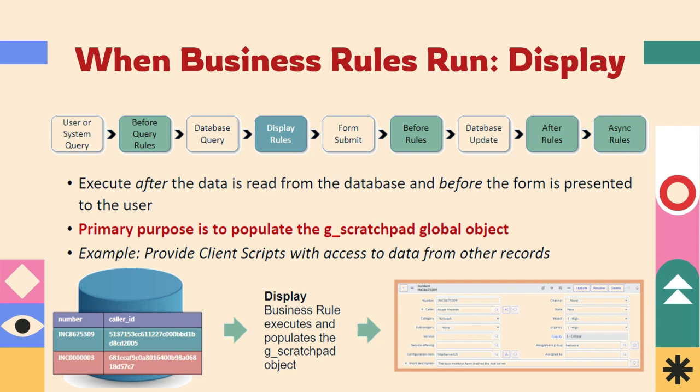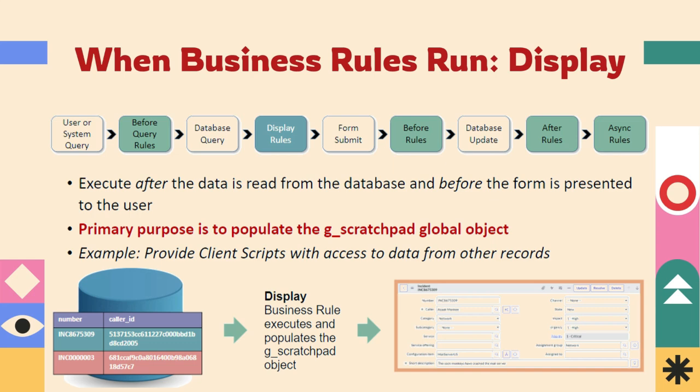Because if we are fetching any data from server side, we can get those data under display rules, and the primary purpose is to populate the g_scratchpad global object, which will be used inside onload client script to fetch the database values or server side values, whatever we are requesting from client side to be executed while we are getting the data from the database. Alright, so it will execute and populate the g_scratchpad object using display business rule.